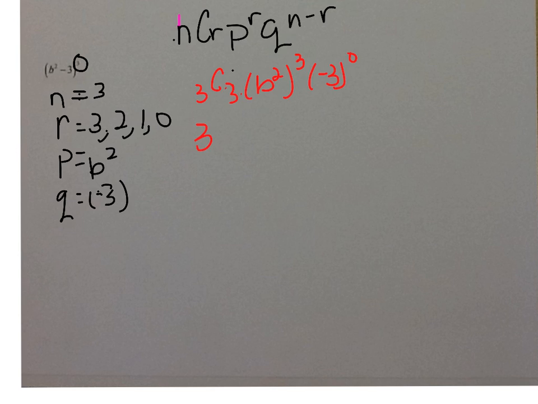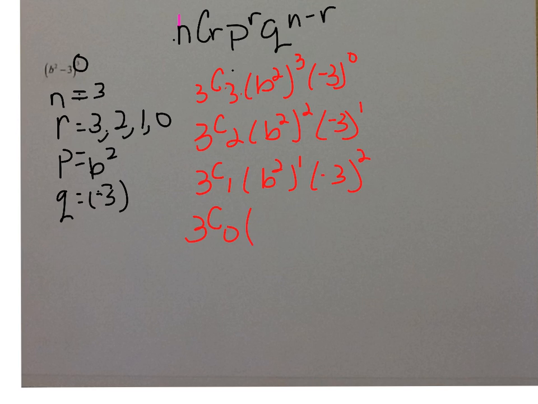And then it's 3C2, b squared squared, negative 3 to the first. 3C1, b squared to the first, negative 3 to the second. 3C0, b squared to the 0, negative 3 to the third. All right, so let's see what we have here.